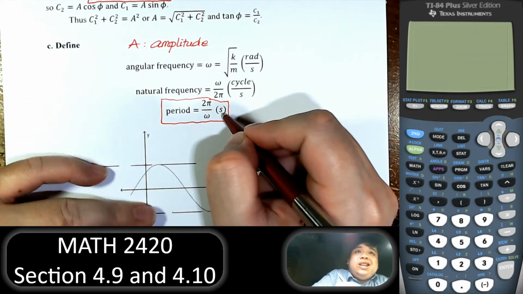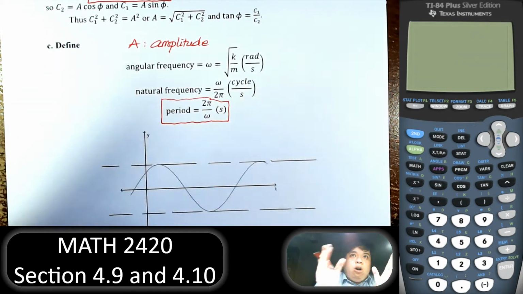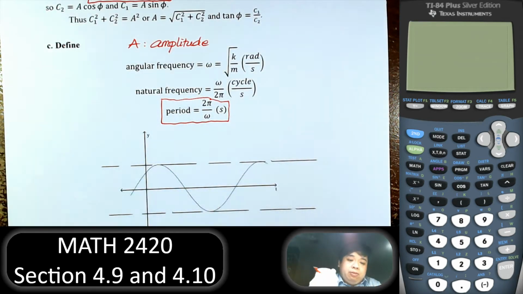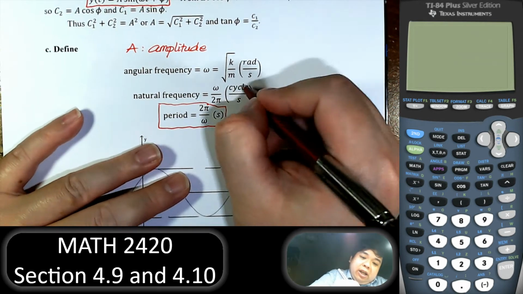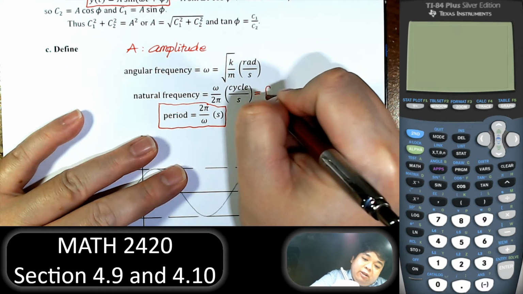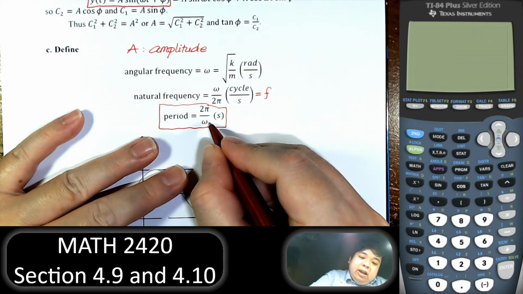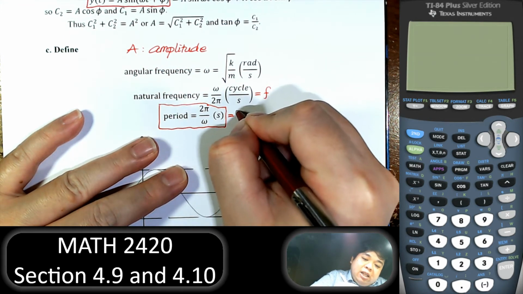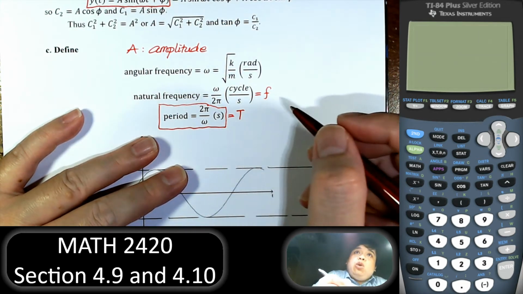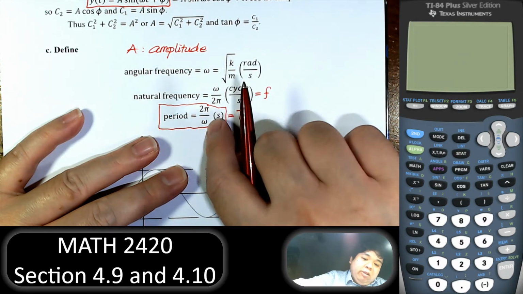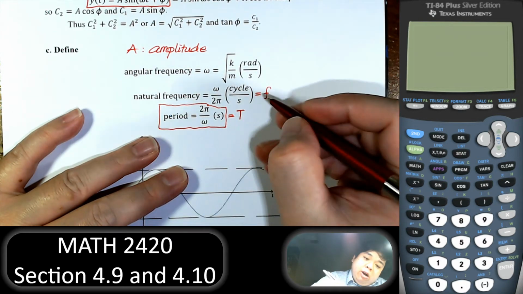The period is in terms of seconds, so how long a function will repeat itself. A natural frequency, if we write that as an f, and the period, if we write that as a T, f and T are reciprocals of each other. You see 2 pi over omega, omega over 2 pi.